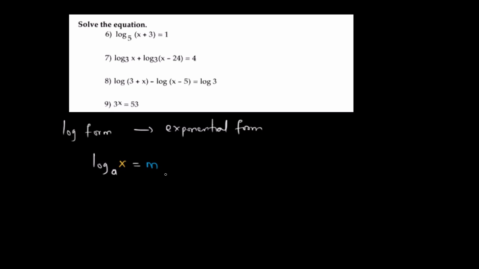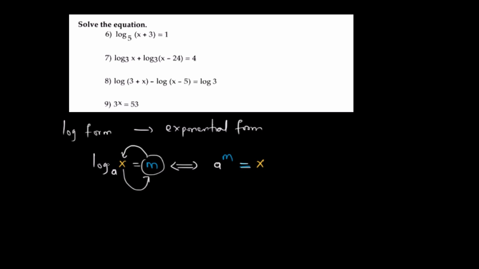Now to convert it from the logarithm form to exponential form, the m you have here replaces the x, while the x takes the position of the m. In other words, what you're going to have is a, now your m takes the position of x, while the x takes the position of m. So what you're going to have there is x.